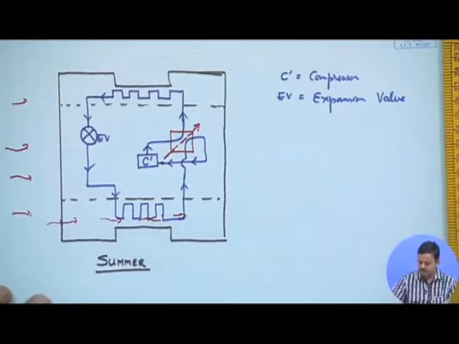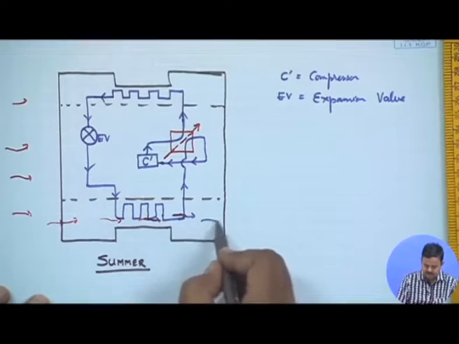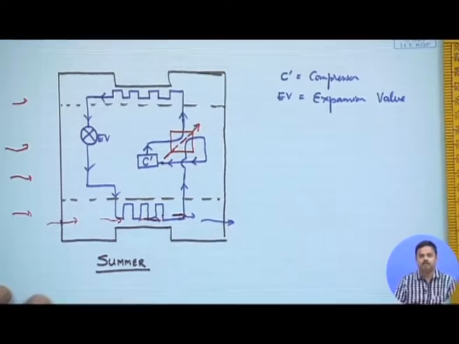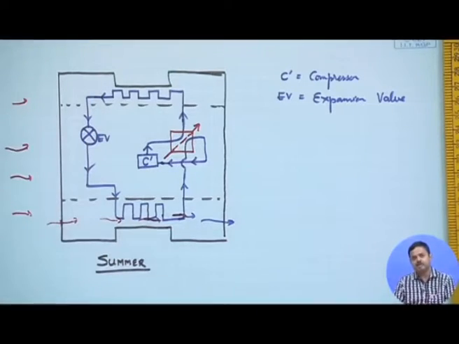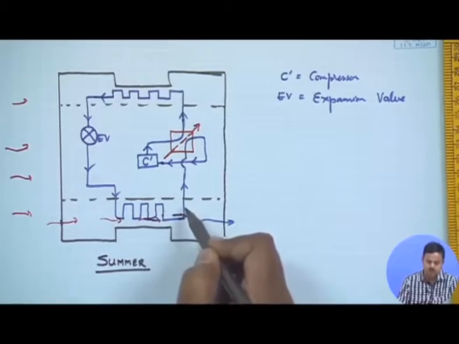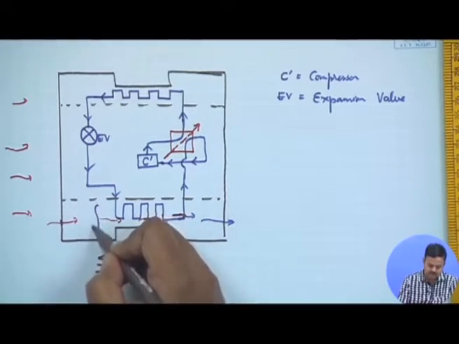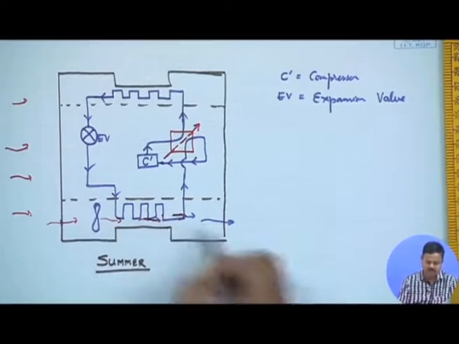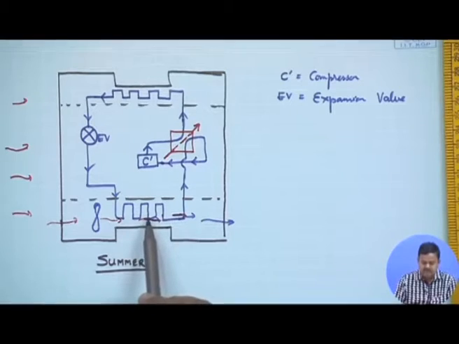And what leaves from here is cold air. Why? Because I am operating this heat pump in such a manner that this heat exchanger inside my room is the evaporator. Let me put a fan also, so that it helps in blowing the air and gives rise to forced convection. So this acts as the evaporator.